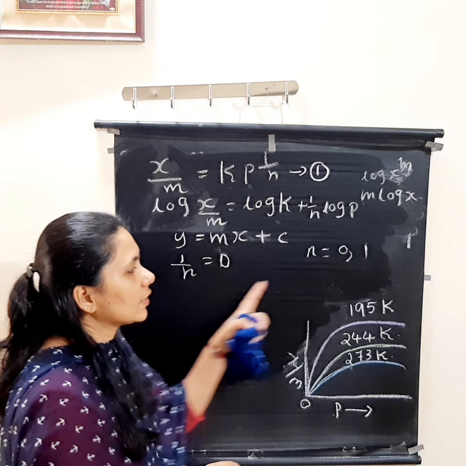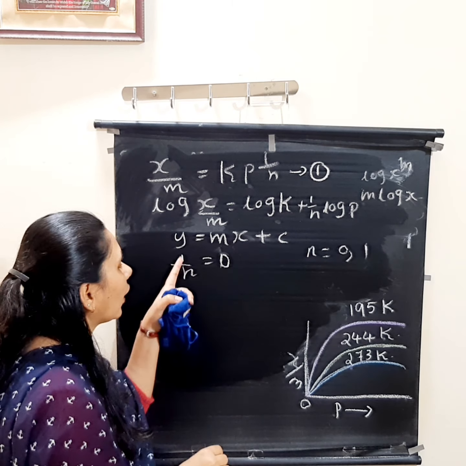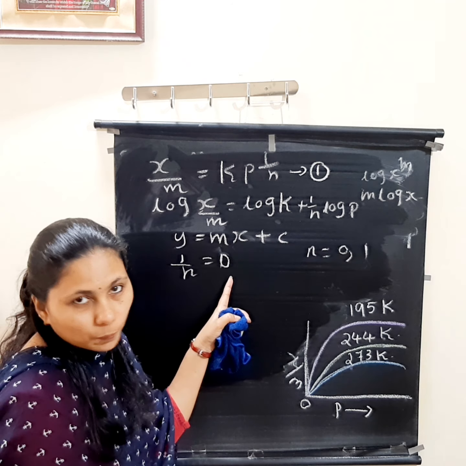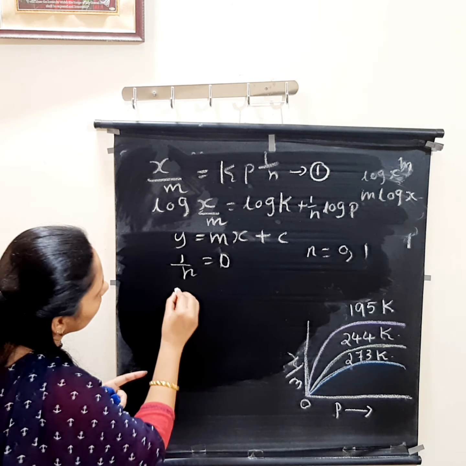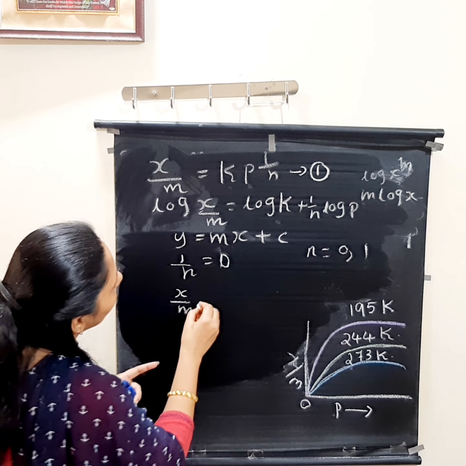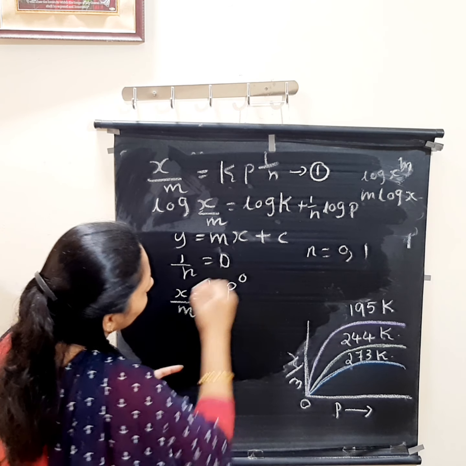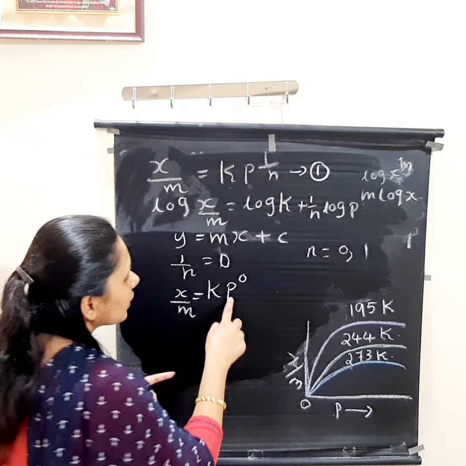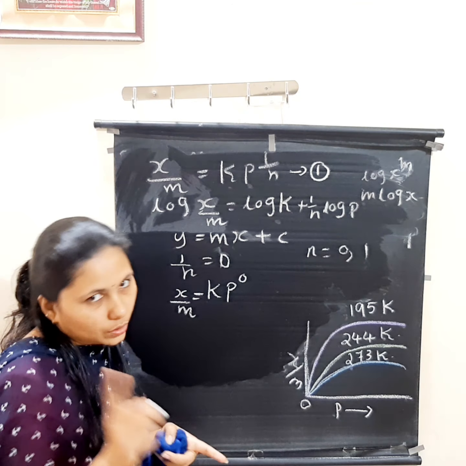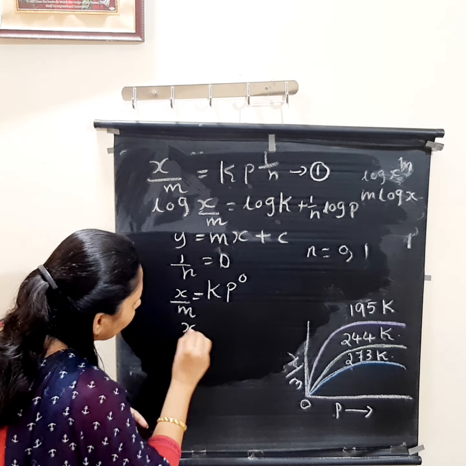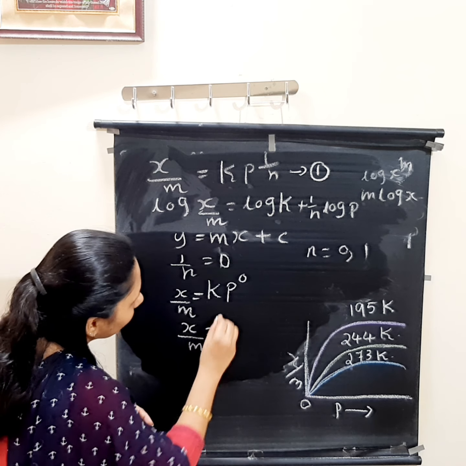How can we write this equation? x by m equal to kp raised to 1 by n, I am taking as 0. Something raised to 0 equals 1, so we will get x by m equal to k.